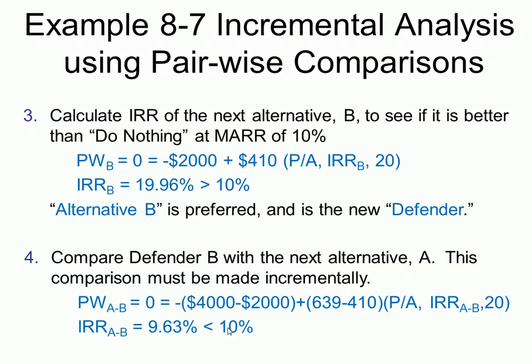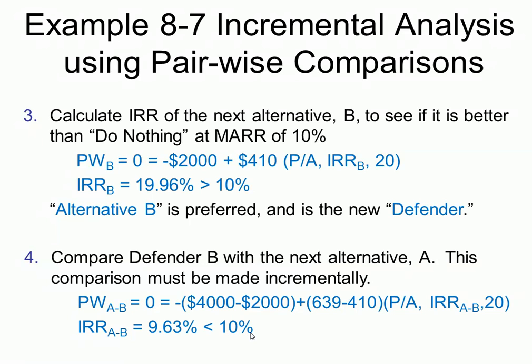which is just below 10%. So this incremental rate is less than the minimum attractive rate of return, which means that we are not interested in investing additional money into A because those additional money would not gain the minimum attractive rate of return of 10%.